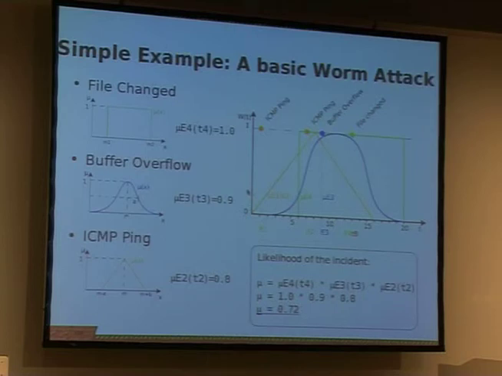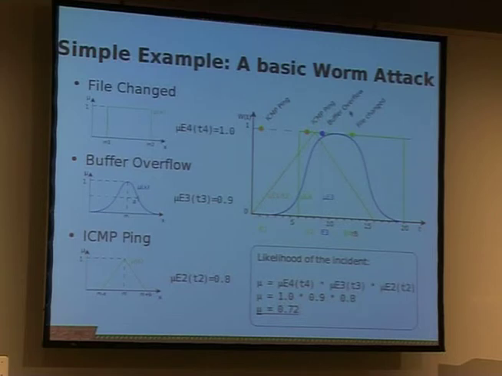So for rating the value of the events at a particular time, we have to set a point of reference. Typically, we choose for this the most critical event, which in this example is that the file has changed.